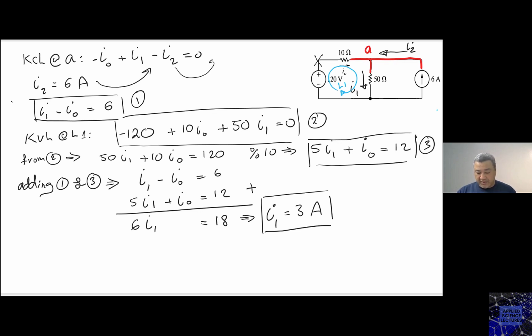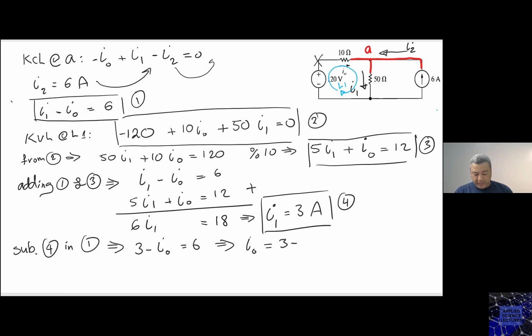Now, if I1 is 3 ampere, then I can find I naught using any of those equations. Let me call this one 4. So substituting 4 and 1, I have here 3 minus I naught equals 6, which means I naught is 3 minus 6.